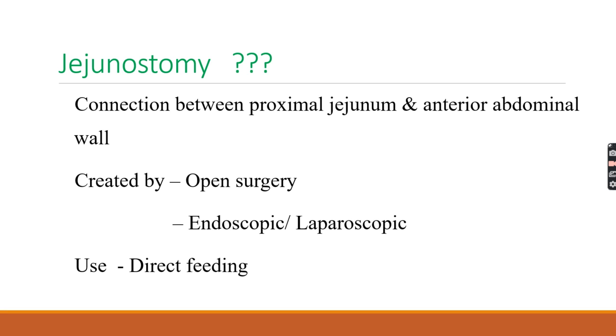I hope you all know the difference between endoscopic and laparoscopic. Endoscopic, whenever we are going inside the lumen of any organ and then performing a procedure. Laparoscopic means we are going inside the peritoneal cavity and performing a procedure through the peritoneal cavity, right?